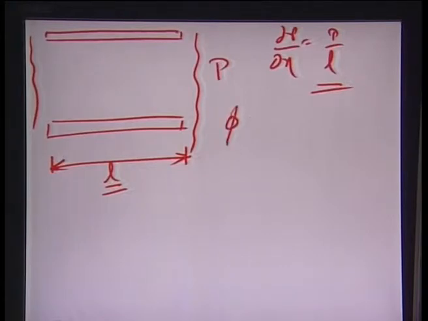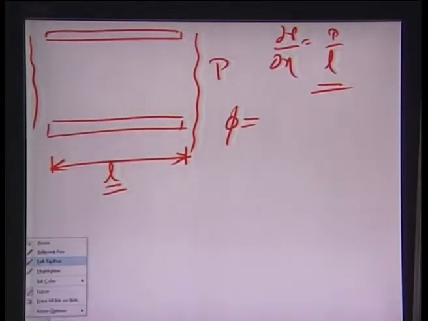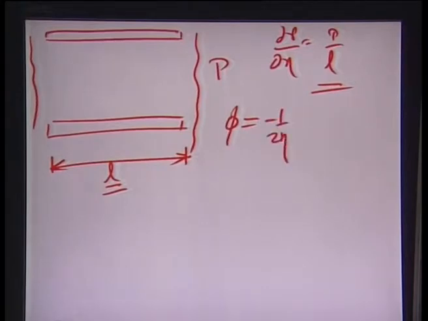So, if I put back the P by L into this equation for the pressure driven flow case, phi becomes equal to minus 1 by 2 eta dP by dx times of twice pi r 4 by 4.